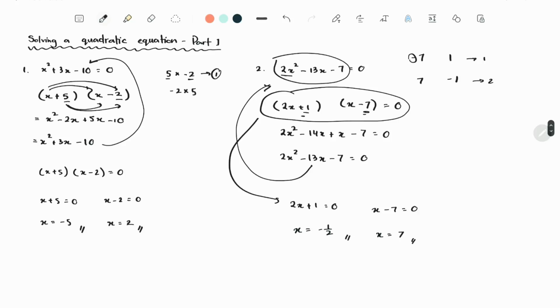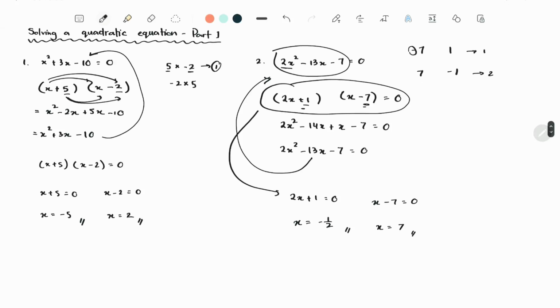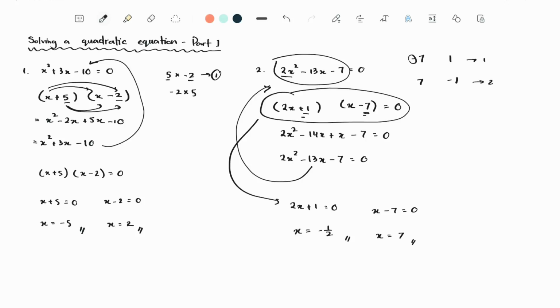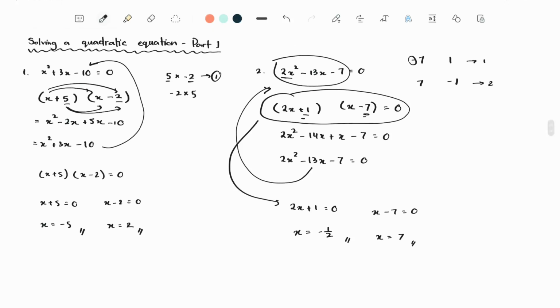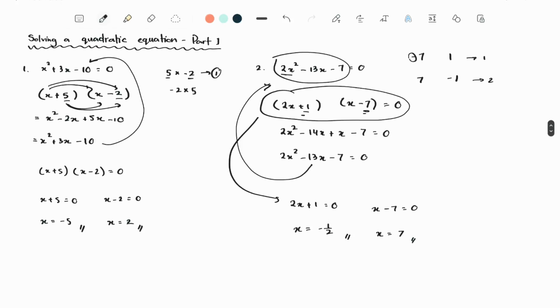Now with practice, you will be able to identify the position of the numbers very fast and easily. But the first time you try, it may take some time. So just practice a lot of questions, and at one point you will be able to do it very quickly in your head even.